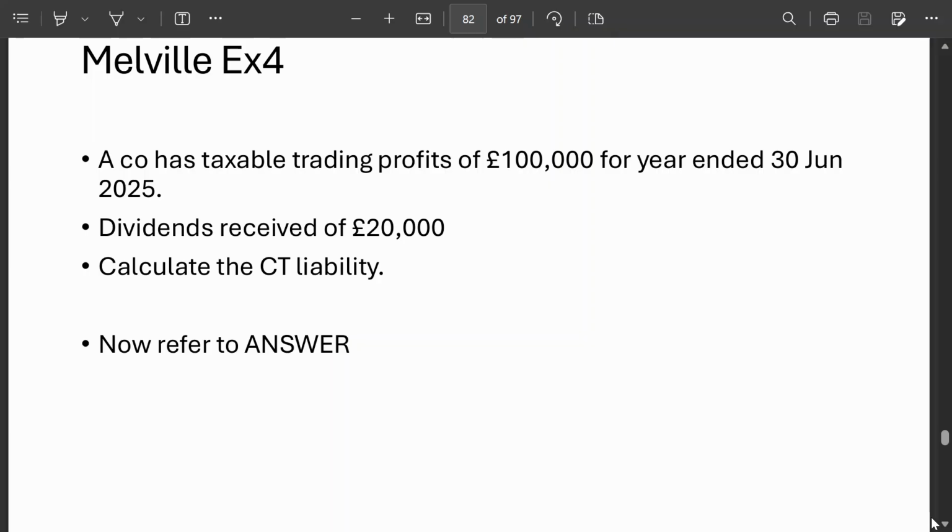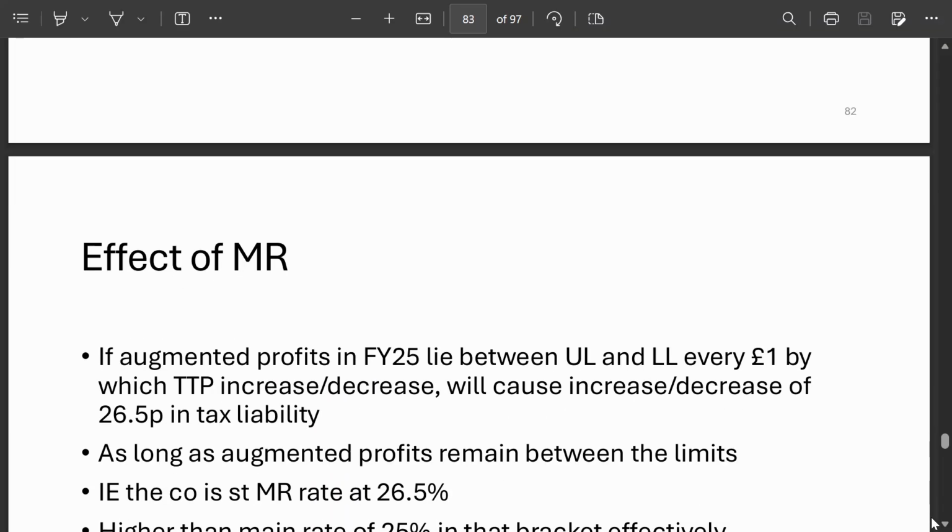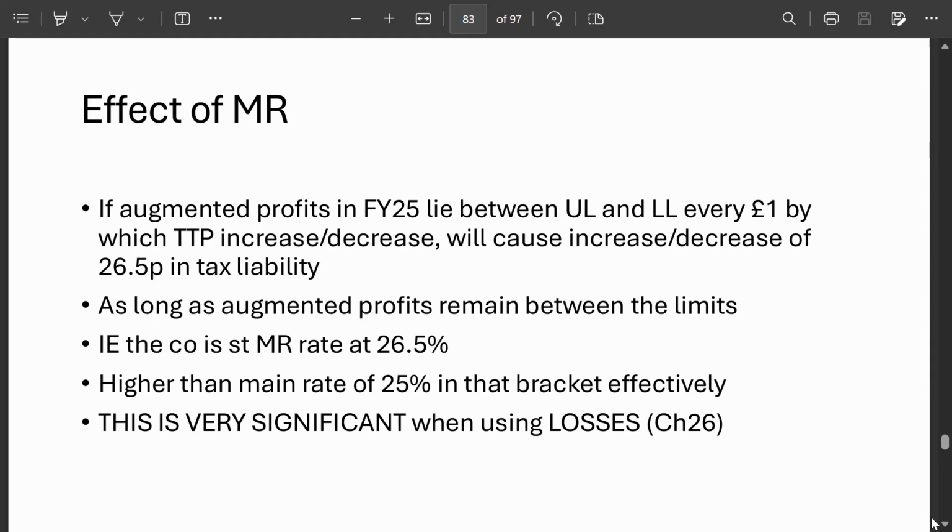Yeah, so we did number 4, right? Let's look at this, okay? So effect of MR. You get a MR tax rate of 26.5% as long as the augmented profits remain between the limits. That is compared to what you would have paid at 19%.